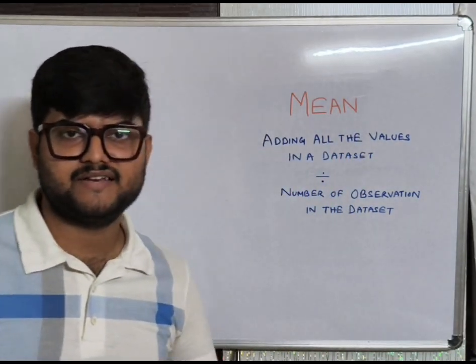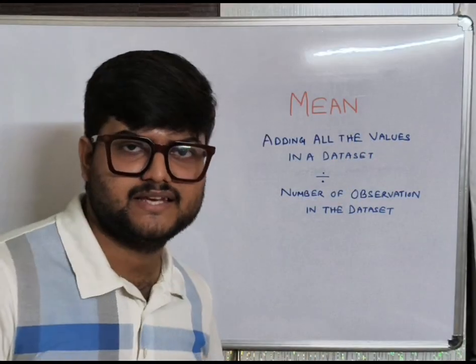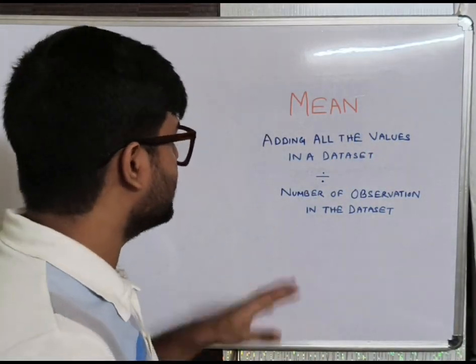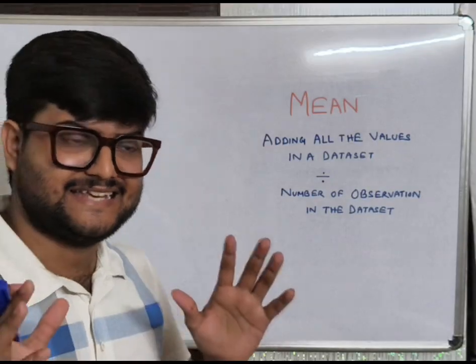So it is really very easy to understand that we have to sum all the values in a data set and then divide that with the number of observations in that data set.